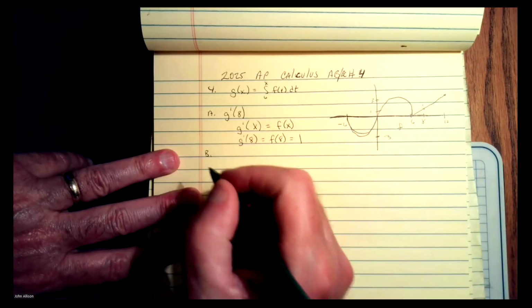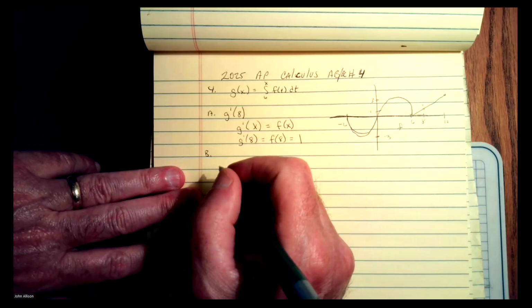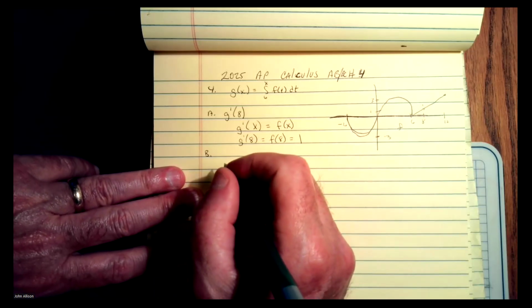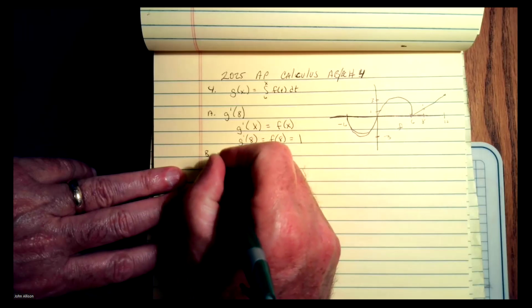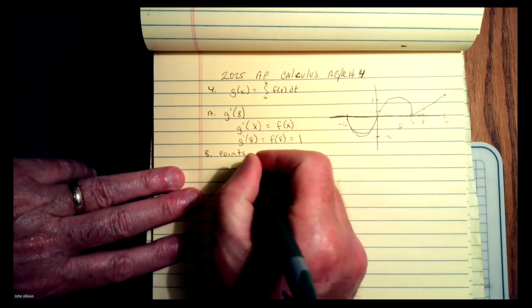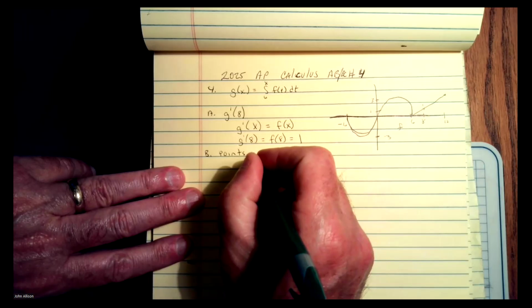So B, find all values of x in the open interval -6 to 12 at which the graph of g has a point of inflection. So we're looking for points of inflection on the interval from -6 to 12.